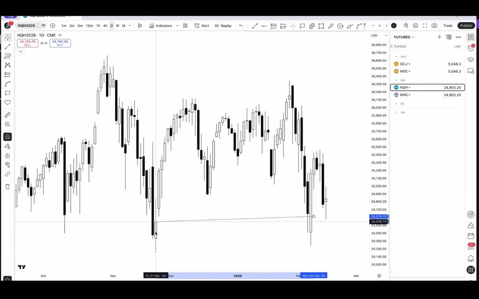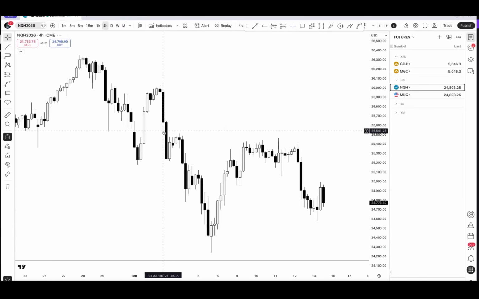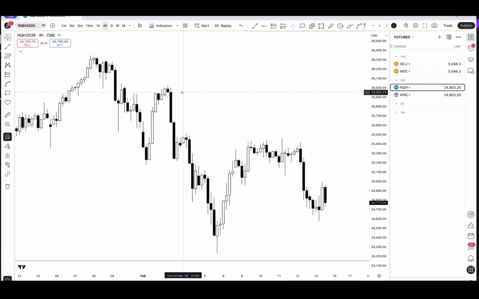I know I still want to see price to the downside after we induce buyers. But here's what happened. Since we took out this high, inducing buyers, giving us that BOS in the market, we can anticipate these other areas in the market to induce sellers.